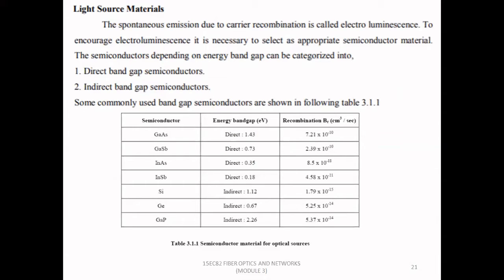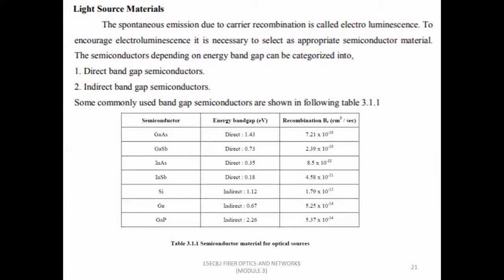Next topic is light source materials. The spontaneous emission due to carrier recombination is called electroluminescence. To encourage electroluminescence, it is necessary to select an appropriate semiconductor material. The semiconductors, depending on energy band gap, can be categorized into first one, direct band gap semiconductors, second one, indirect band gap semiconductors.